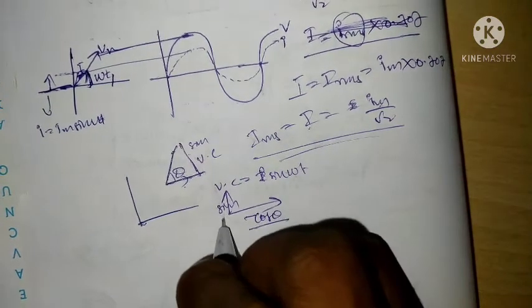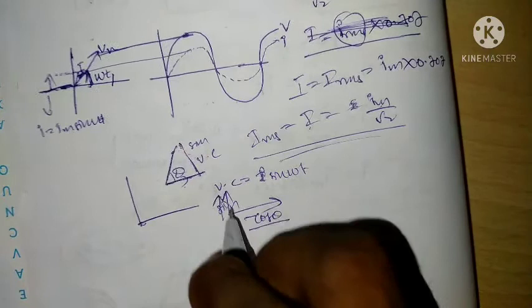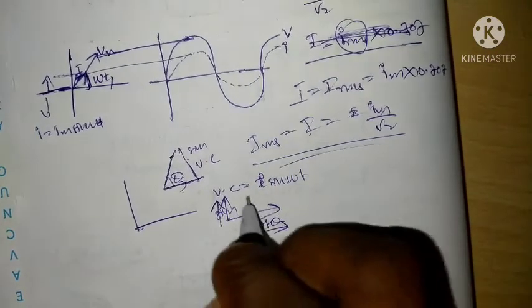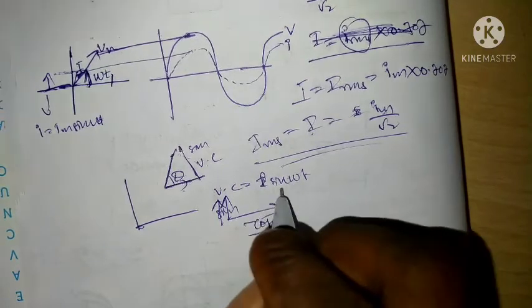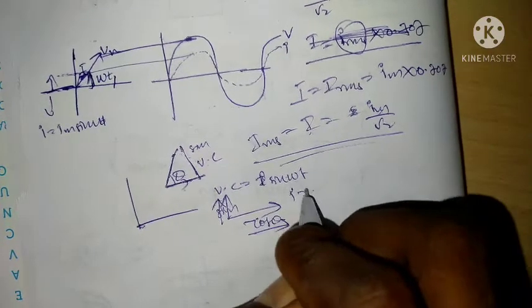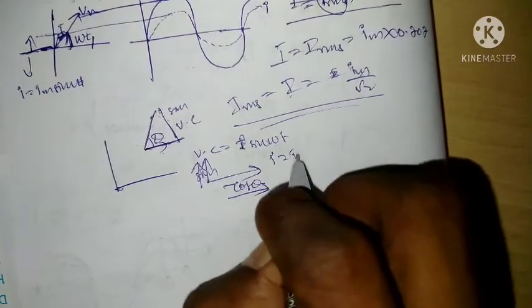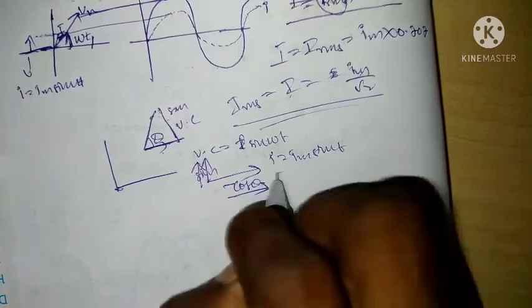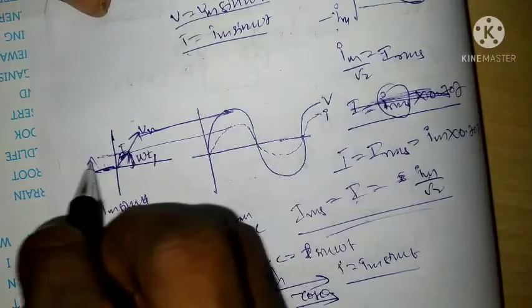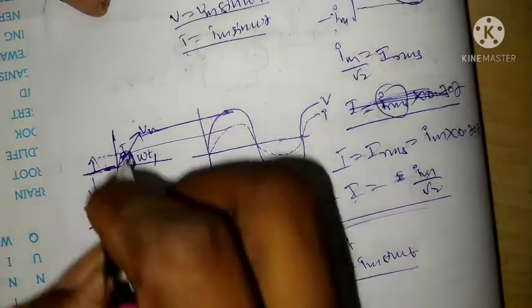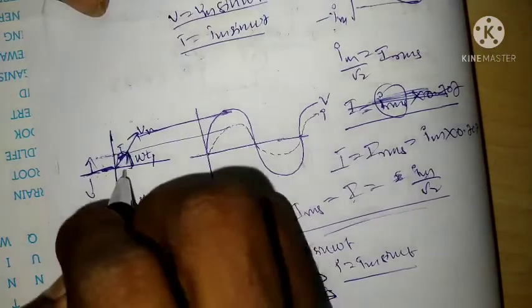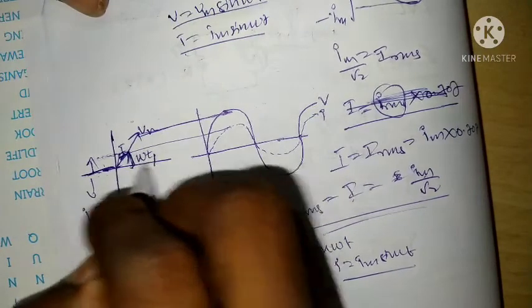Cos theta is horizontal, sin theta is vertical. So the vertical component of current is I equal to Im sin omega t. This angle is omega t.